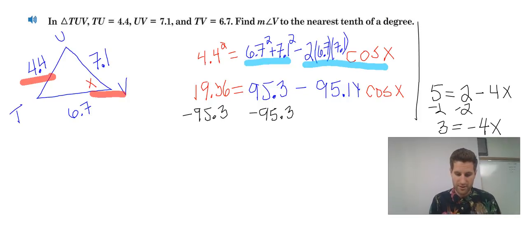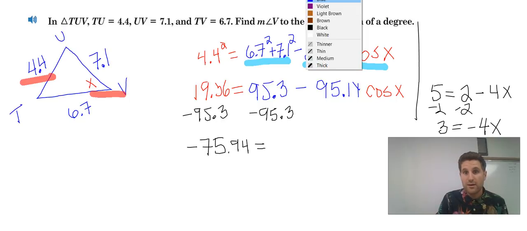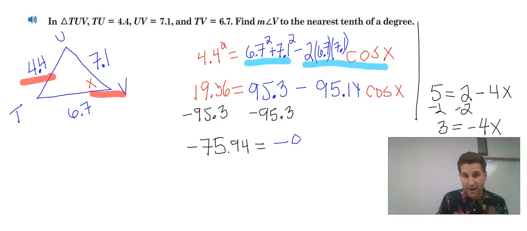Pick up our calculator, 19.36 minus 95.3, and we're going to get negative 75.94 equals negative 95.14 cos x.